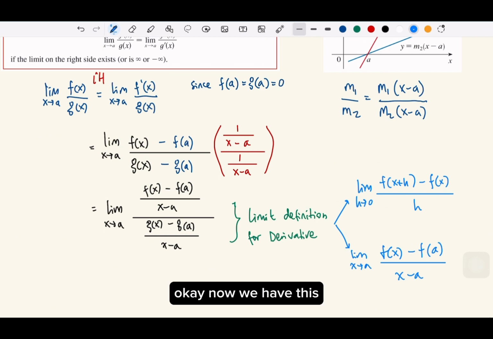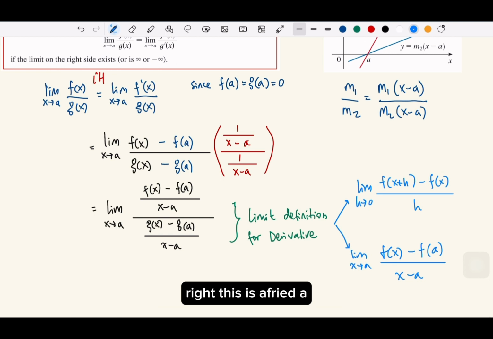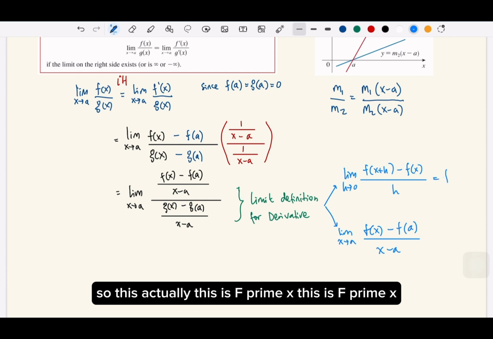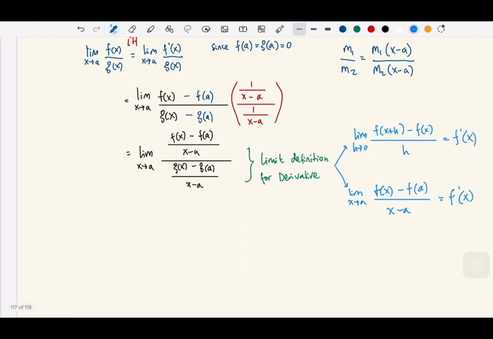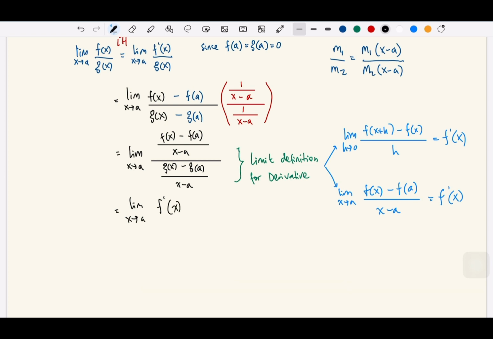Now we have the second definition, right? So actually, this is f prime a, and this is f prime x. So we now have the limit of f prime x over g prime x.